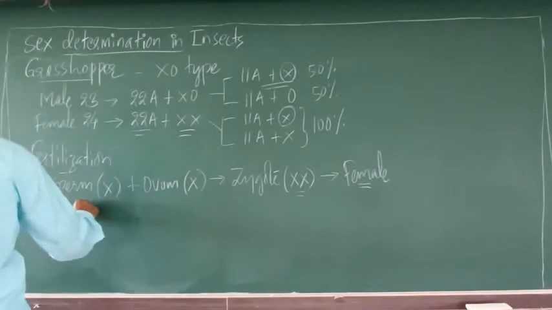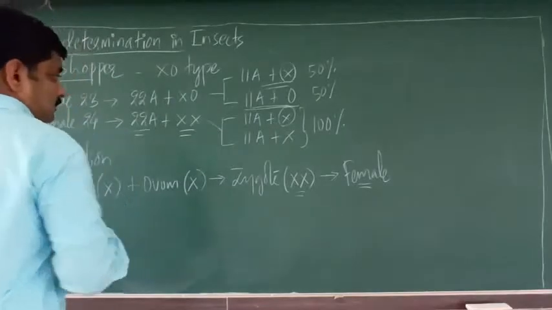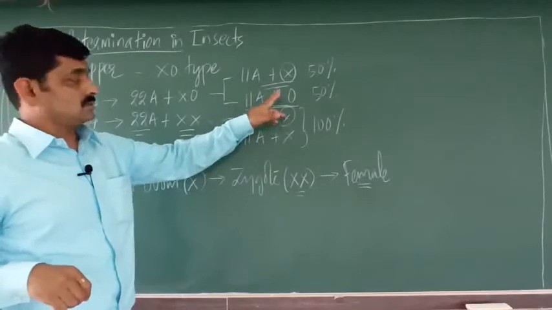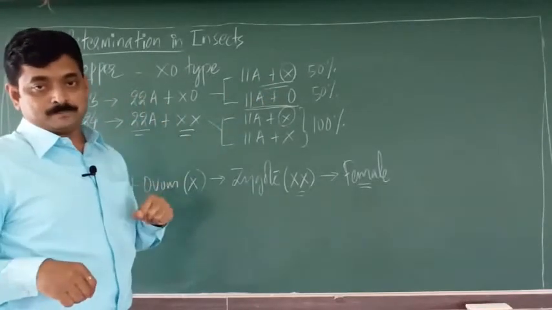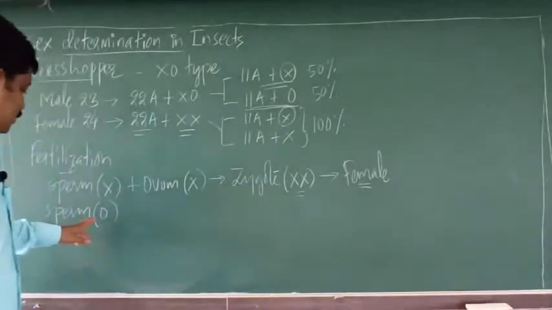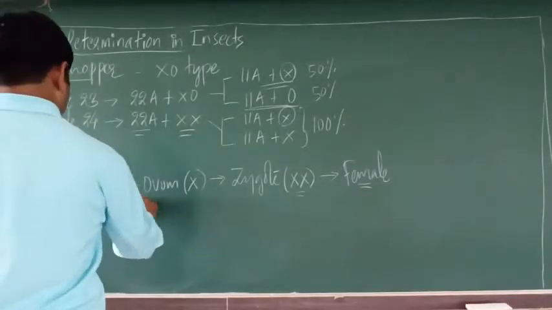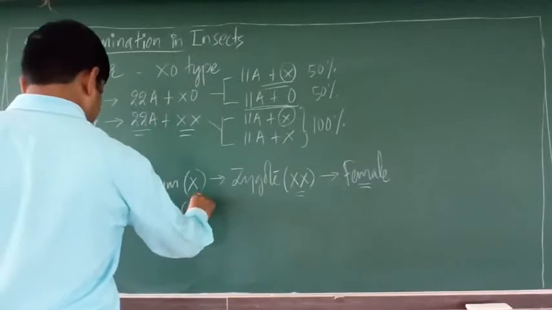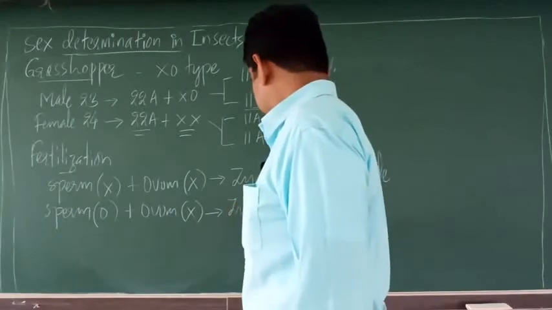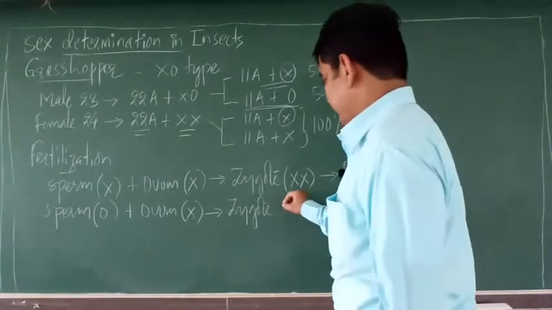Then the second possibility. The second type of sperm here is without sex chromosome. It has only autosomes, sex chromosome is absent. So we shall write it like this: sperm with 0 means without sex chromosome. If it fuses with ovum, which is having X chromosome, there is the formation of a zygote.